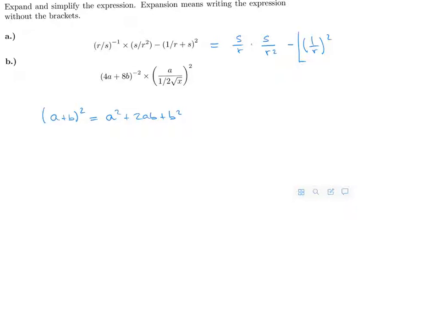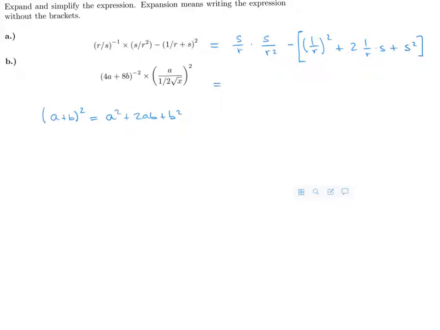Also be very careful with the minus here, I put a bracket here, I'll tell you in a second why, plus 2 times 1 divided by r times s plus, and the last term, so this is a and this is b here in our formula, so 2ab, we just calculated 2ab plus b squared, so b is in this case just s, so it would be s squared.